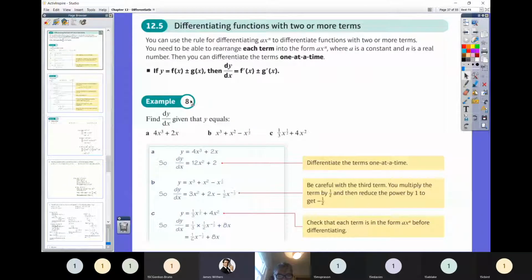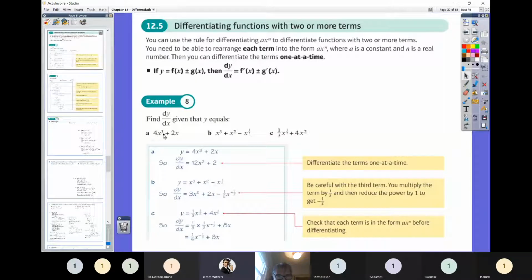Okay, so looking at example 8, if we've got to differentiate 4x cubed plus 2x, you just start off by differentiating 4x cubed, and remember, how do you differentiate? Step 1, you multiply by the current power, so 3 4s are 12, and then step 2, you reduce the power by 1, so the 3 becomes 2.